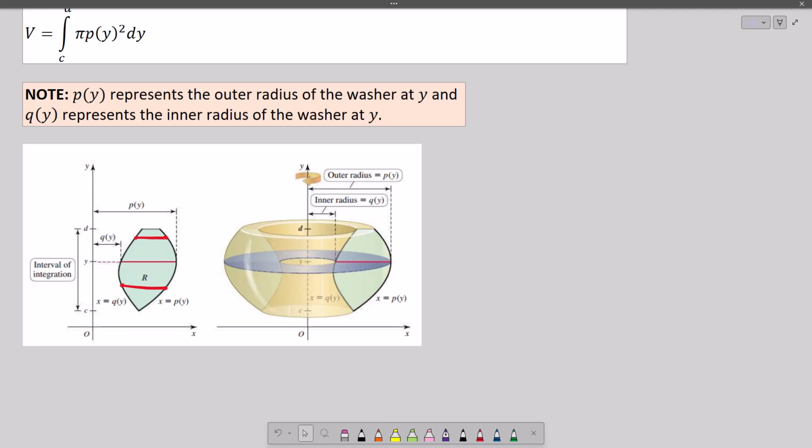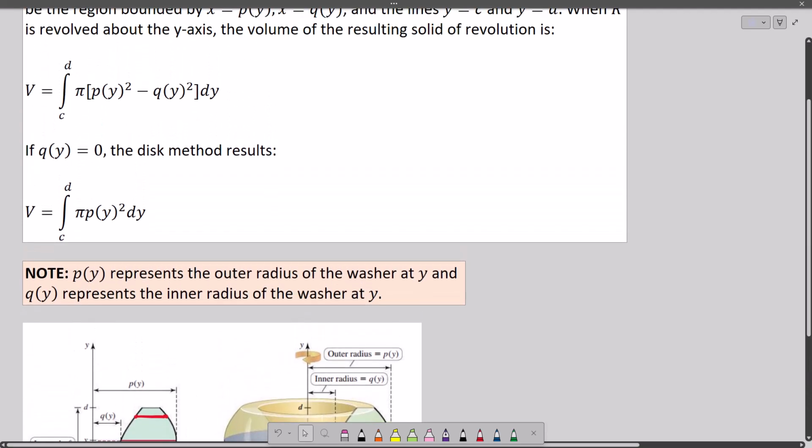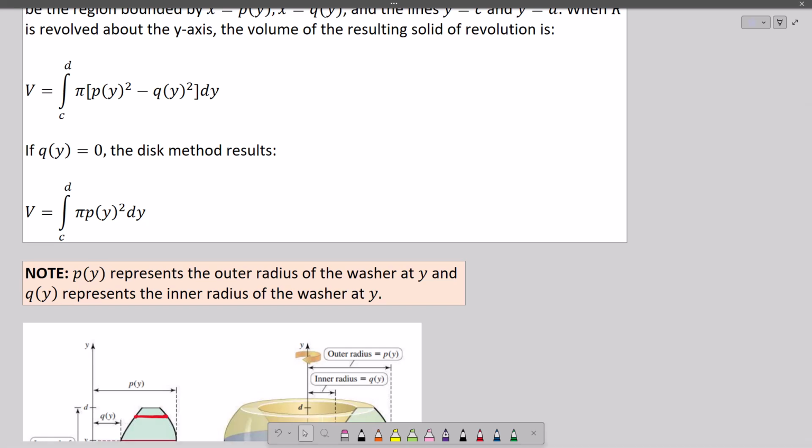Anytime we find a horizontal distance, it's x minus x. The right x minus the left x. So we want to write both curves as x equals something, and that's what they're saying here. So they're going to call the first one x equals p, the second one x equals q. So these are just solving for x, for the outer radius and the inner radius.